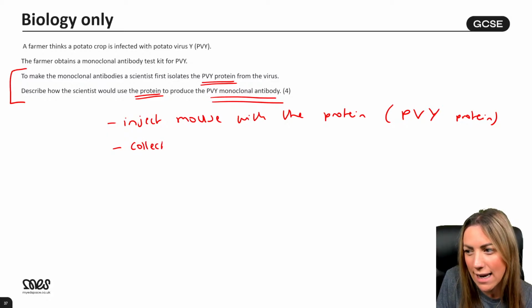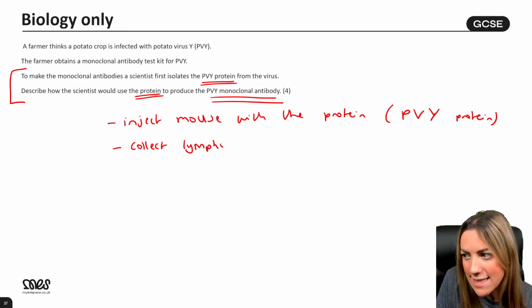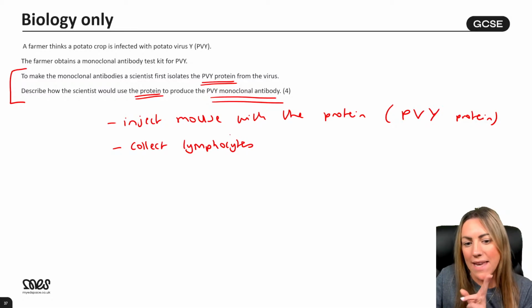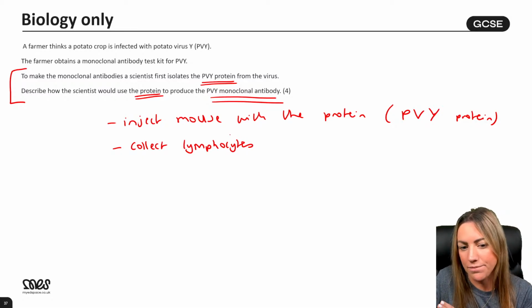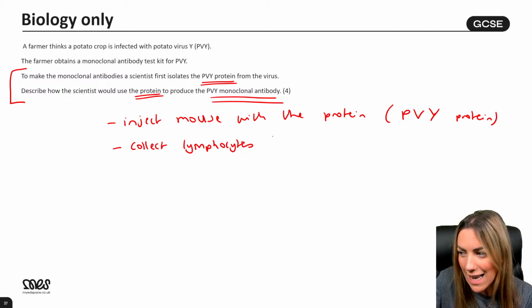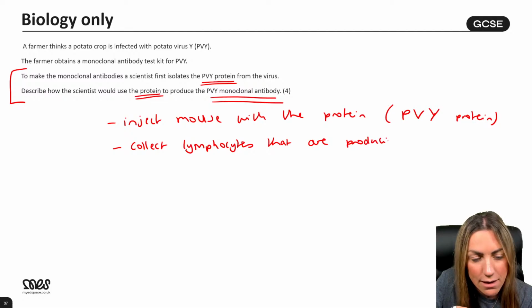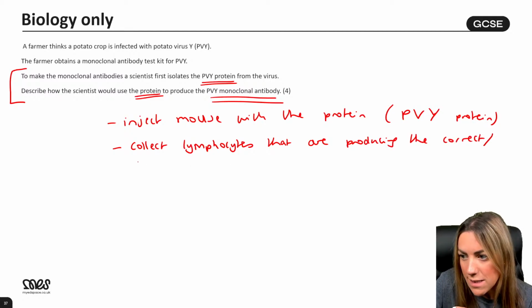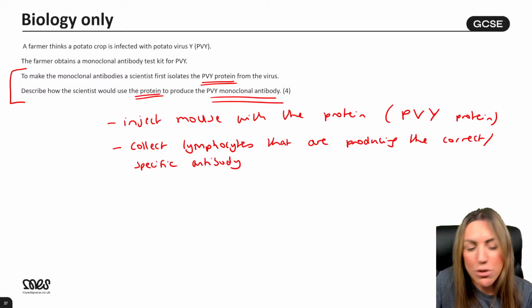But when you say collect lymphocytes, I did see 1 year, they didn't give the students a mark for that. They had to say the specific ones. So collect lymphocytes, for example, that are producing the correct or the specific antibody, because you don't just want to collect any old lymphocytes from the mouse, right?